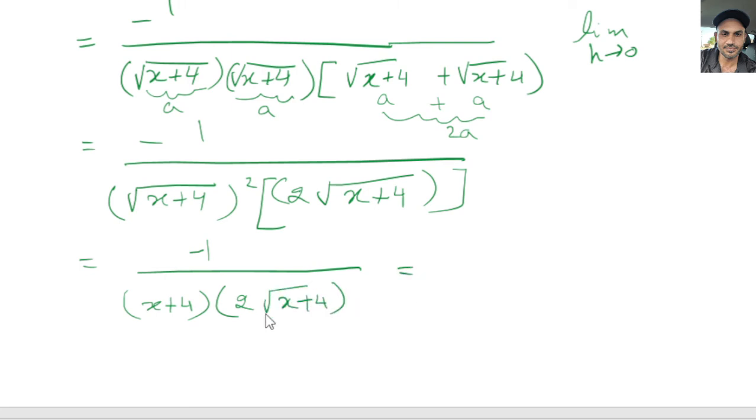You can simplify it further. You can leave it like that, or you can say, okay, well, this is x plus 4 to the 1, and this is x plus 4 to the 1/2. So you also can simplify it further to this expression, 2 times x plus 4 to the 3/2 power. So this is another simplification of this particular expression. All right, so this would be it. It's pretty long, so hopefully this helps.